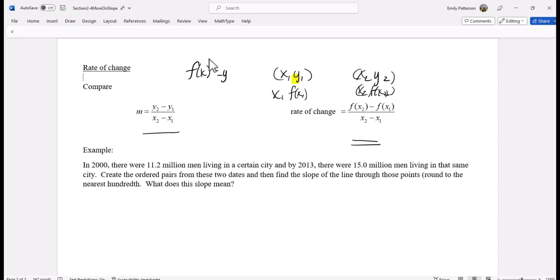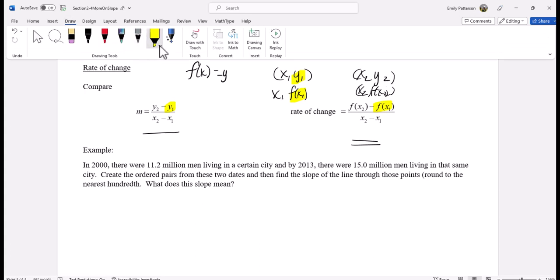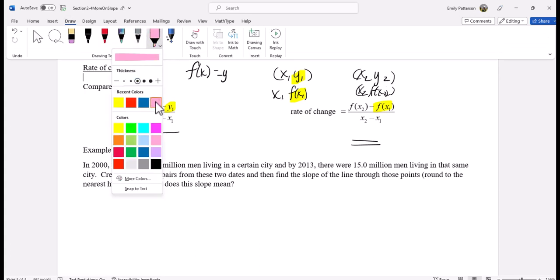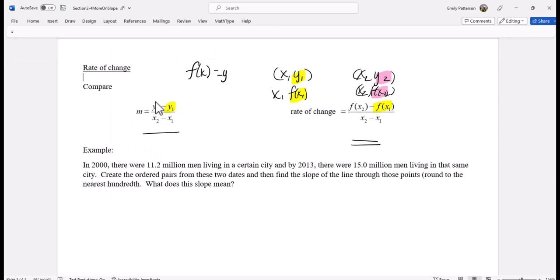So again, y1 is f of x1, and on the other point, we have y2 and f of x2. This is the same thing, just using the idea of function values rather than just the y to represent the values in the slope-intercept form of the equation.